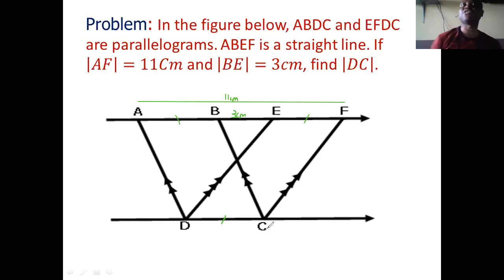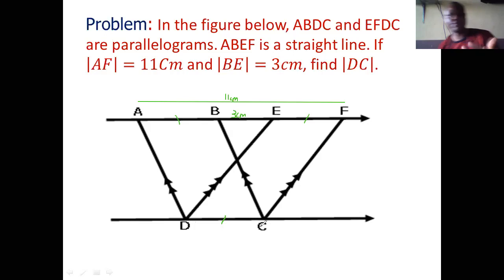That means they have equal areas. And the question wants us to look for DC. So, give us the answer. I want everybody to get to work and give us the answer.